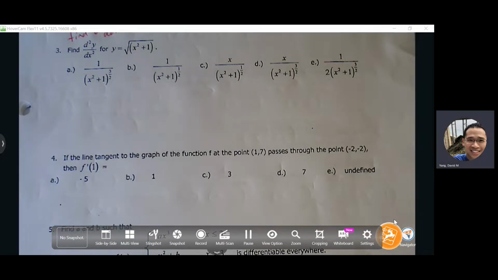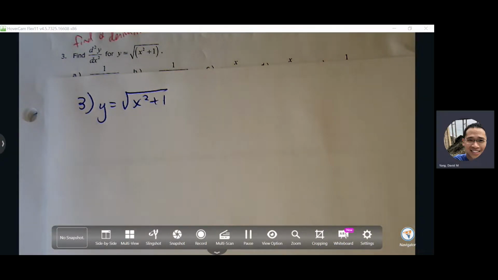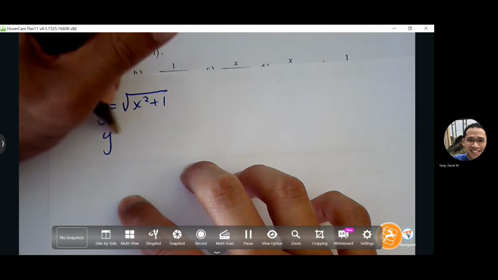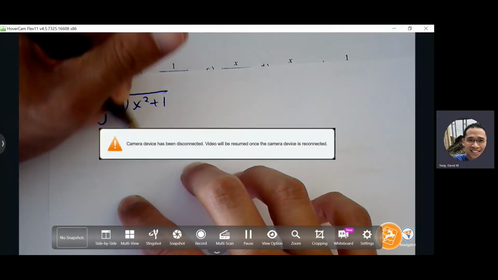Okay, so for y equals square root of x squared plus 1, what would I need to involve, or how would I rewrite this so I can see what rule I need?